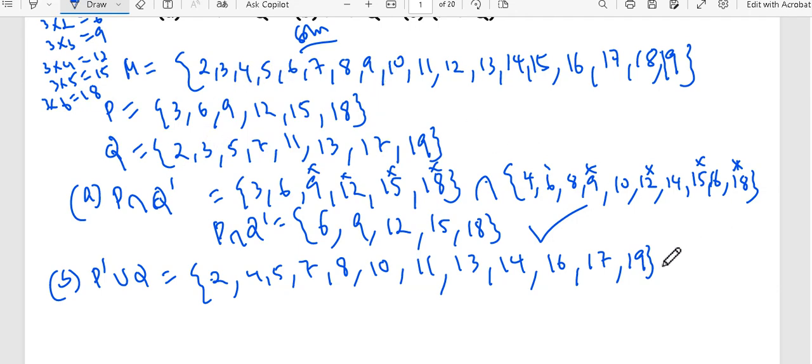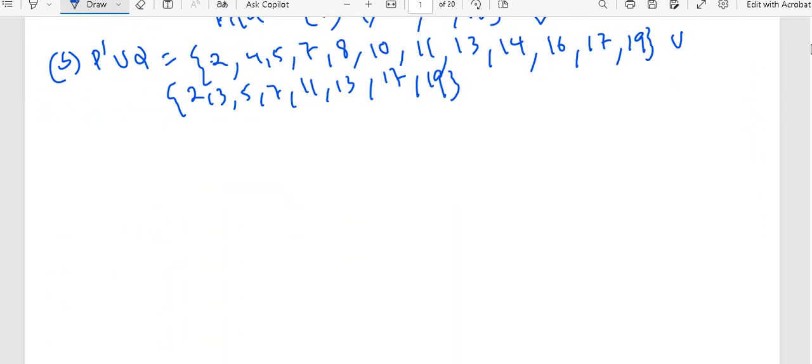So union Q. Already we have our Q to be 2, 3, 5, 7, 11, 13, 17, and 19. So P prime union Q is all the elements in P prime and Q. So that will be 2, 3, 4, 5, there's no 6, so don't make the mistake of writing 6.